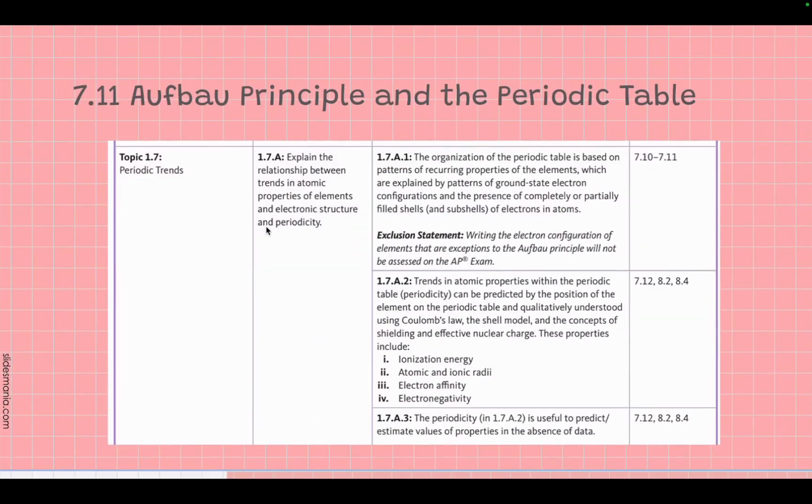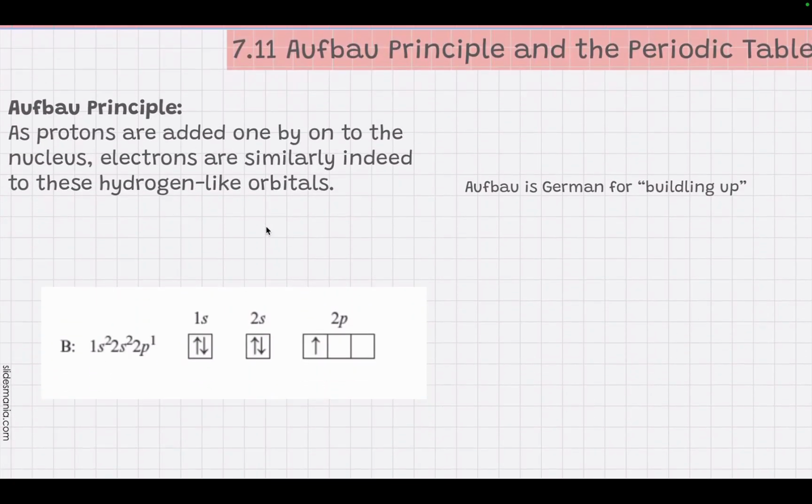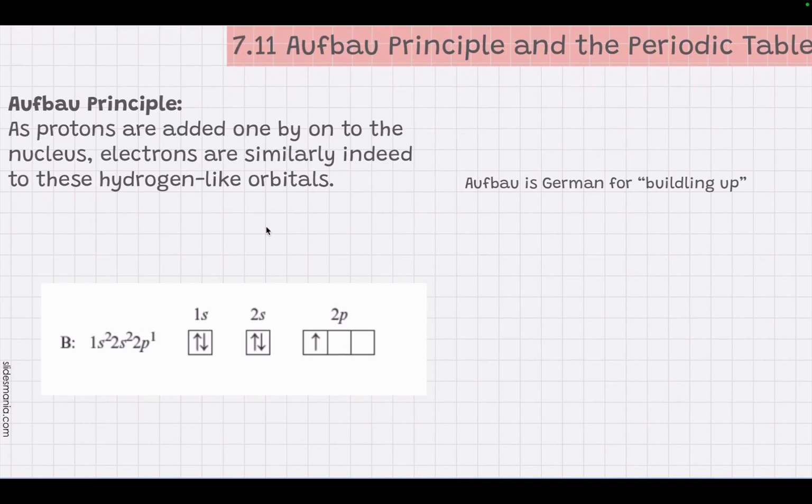Now I'm going to talk about the periodic table in terms of the electron configurations. First, we're going to talk about Aufbau's principle. As protons are being added as we go through the periodic table, electrons are also added, and they're going to be filled from lower to higher energy.